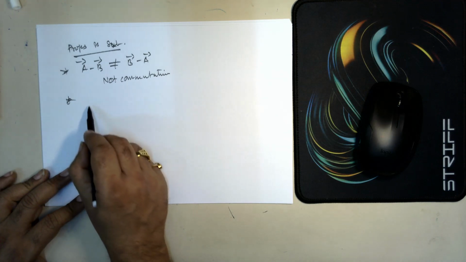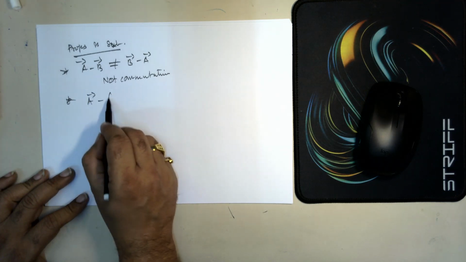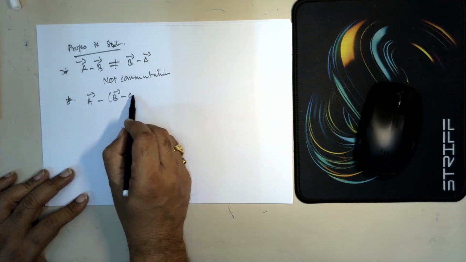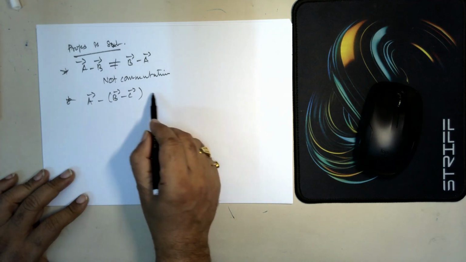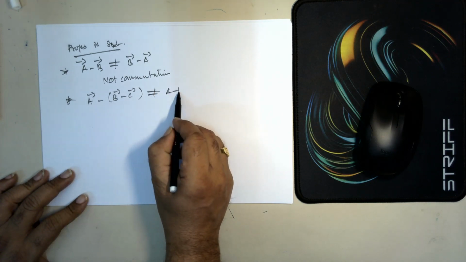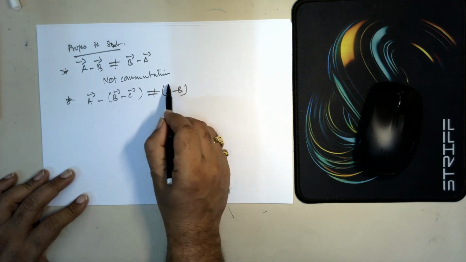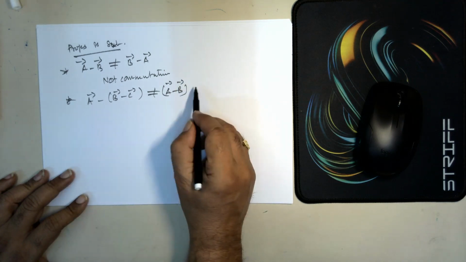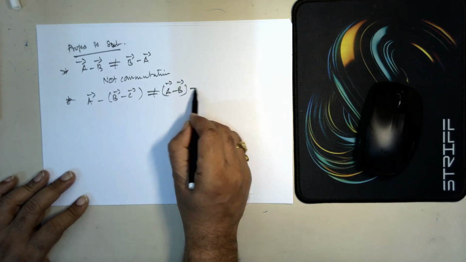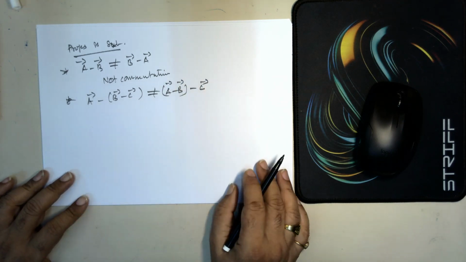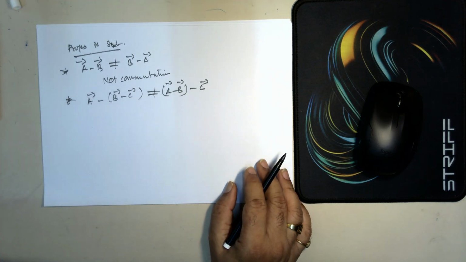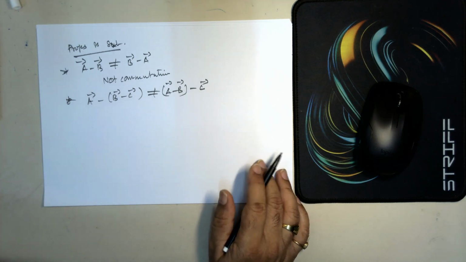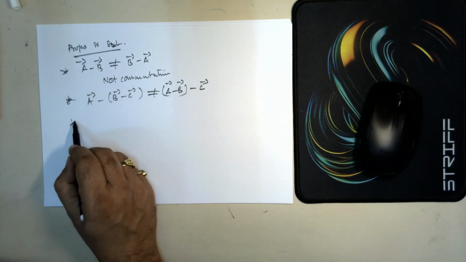And vector A minus (B minus C) is not equal to (A minus B) minus C. So it is not associative.